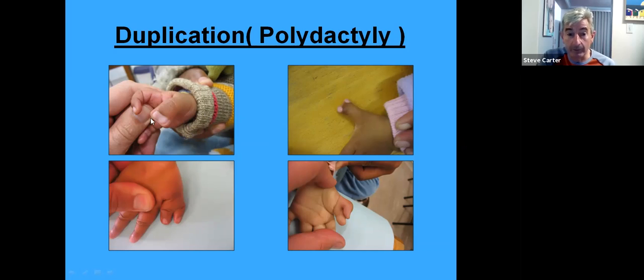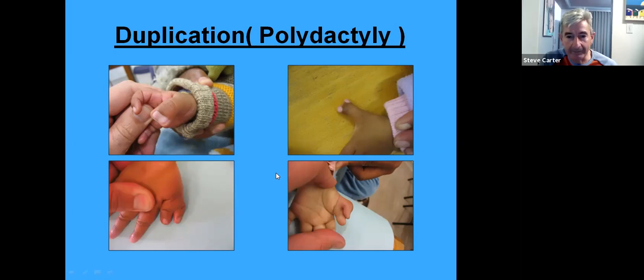So for example, the one on the top left, you can't just remove one of these thumbs because you're left with, what are you going to do about this nail bed, edge, etc. So you almost do what we call a Bilhaut-Cloquet procedure, and it's French. I'm sure I'm saying it very wrong, but you're taking a central wedge out of that thumb and then bringing the two lateral edges together.